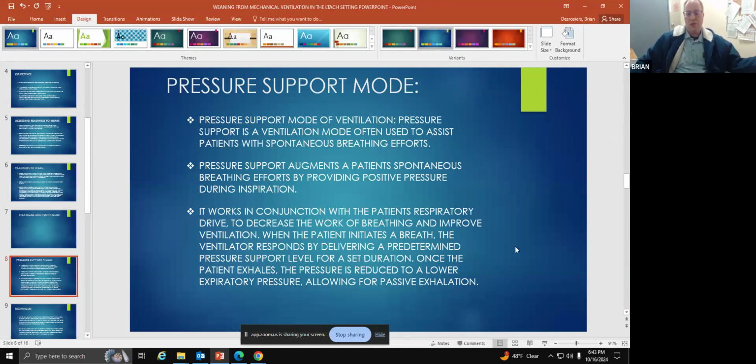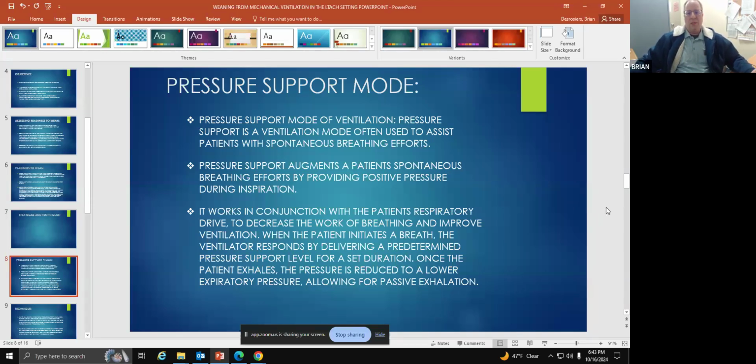So what happens is when the patient initiates a breath, the ventilator responds by delivering a predetermined pressure support level for a set duration. When the patient exhales, the pressure is reduced to the lower expiratory pressure, allowing for passive exhalation. This is a very common mode used in starting to wean. Typically, when patients come from the ICU to the LTACH, they're usually on a controlled form of ventilation.